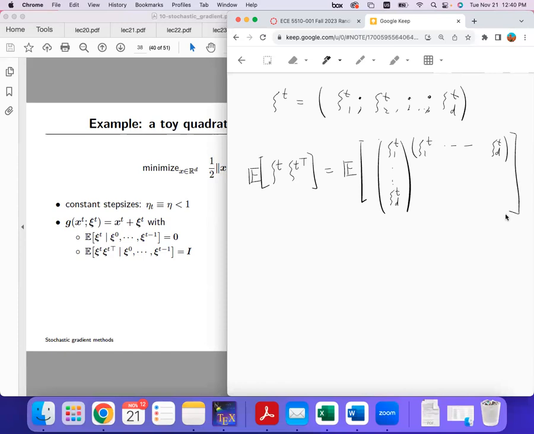So it's the product between a column vector and a row vector, and this gives a matrix. For this matrix, I take the entry-wise expectation.